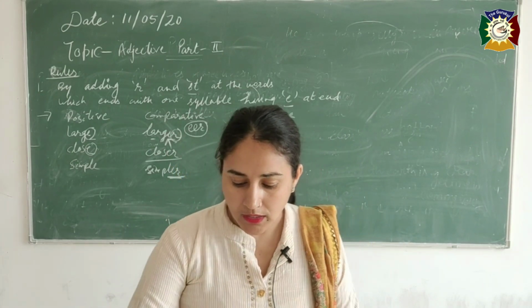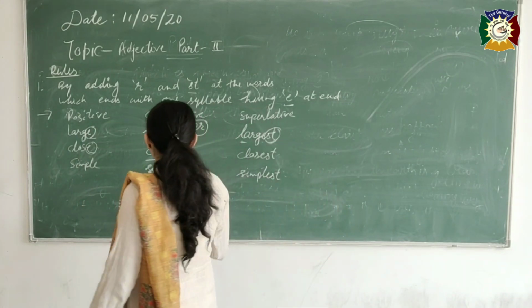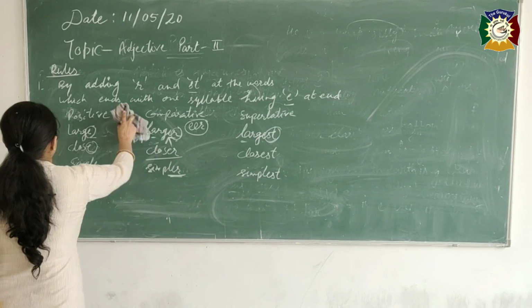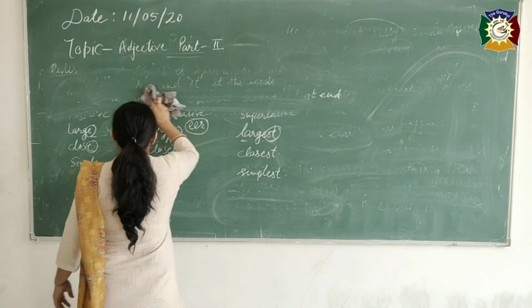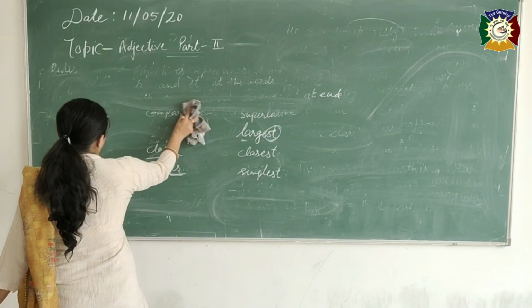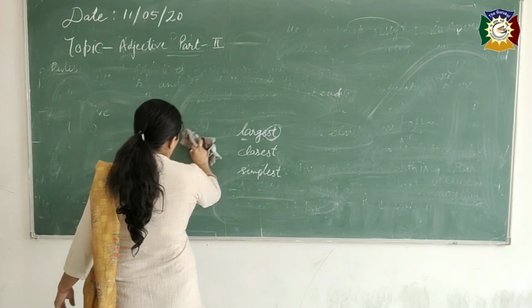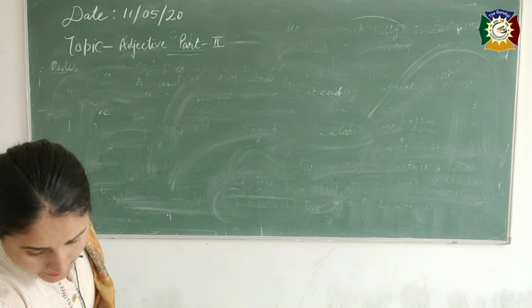Now we will go to the next rule, by doubling the end consonant. By doubling the end consonant, which is preceded by vowel, the last consonant will be doubled.